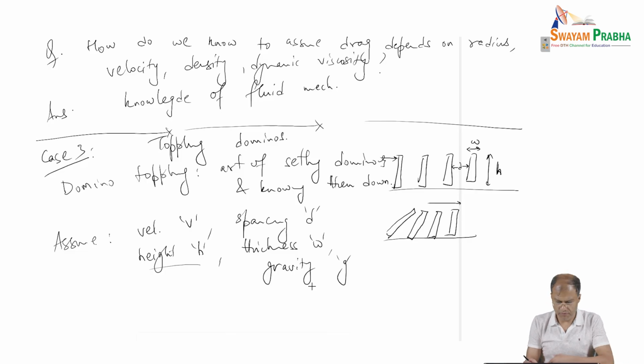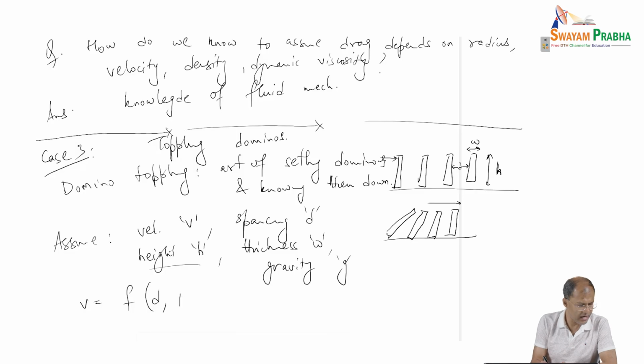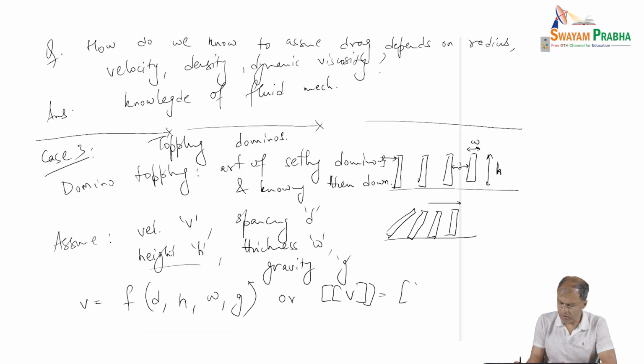So again, we can do a fundamental dimensional analysis. We are assuming that the velocity of the falling dominoes is a function of the spacing d, the height h, the width w, and g. So the dimension of v depends on d to the a times h to the b times w to the c times g to the e.